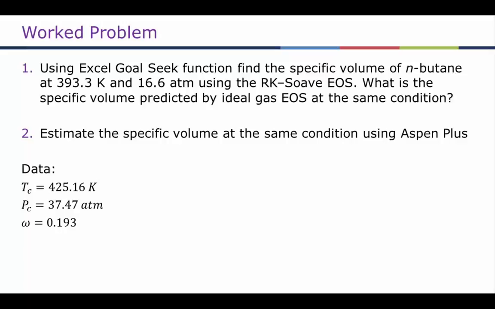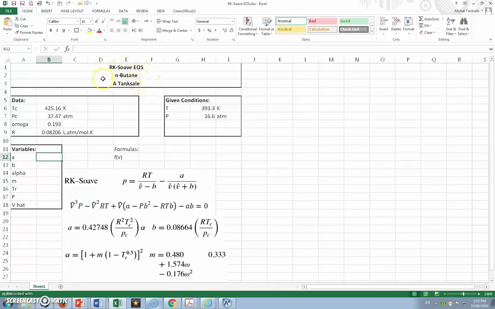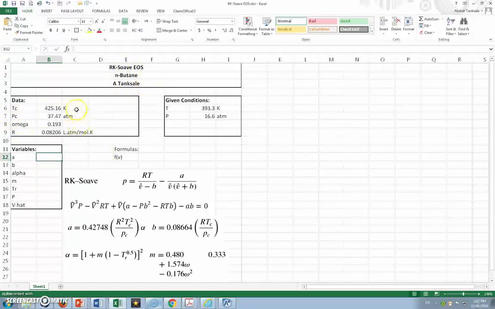Let's go through it. Initially, set up the spreadsheet by entering all the data and given conditions, and then we can start setting up the variables. The variables we're interested in are A, B, alpha, M, reduced temperature and pressure, and V hat, which is specific volume. The equations are given on the right hand side.